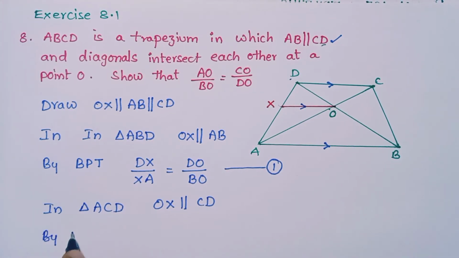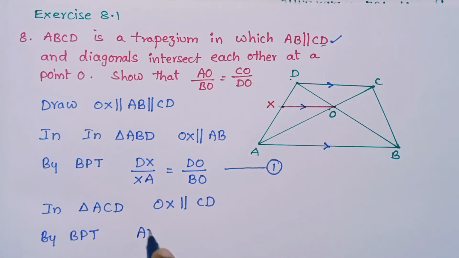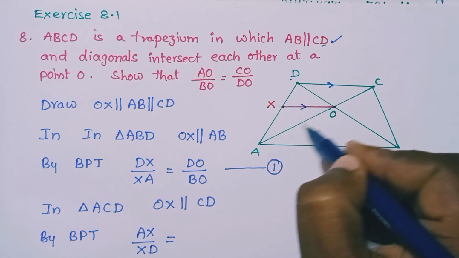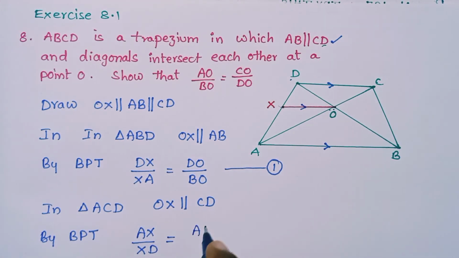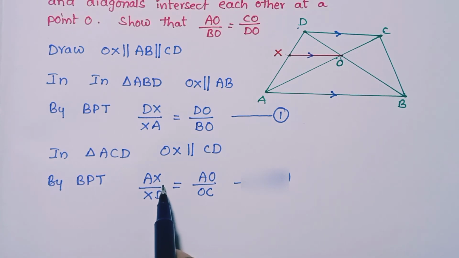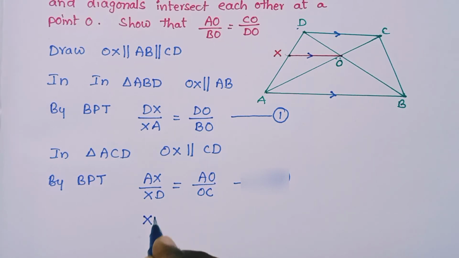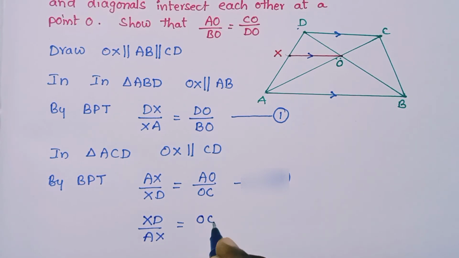By basic proportionality theorem, we can write here AX by XD is equal to AO by OC. Let us write the inverse ratio of AX by XD. Then it becomes XD by AX is equal to OC by AO.